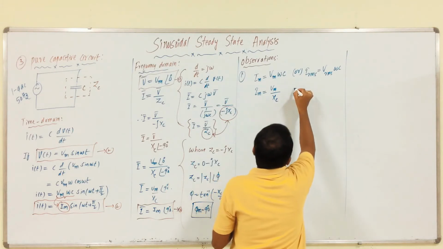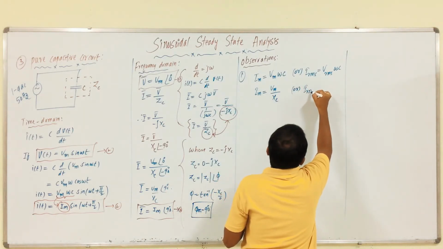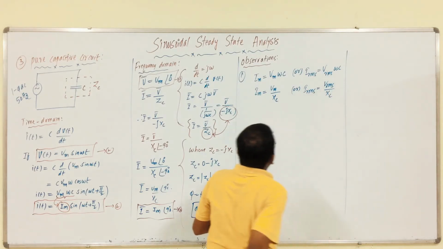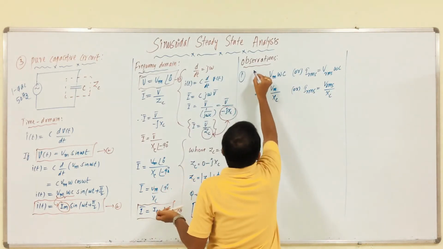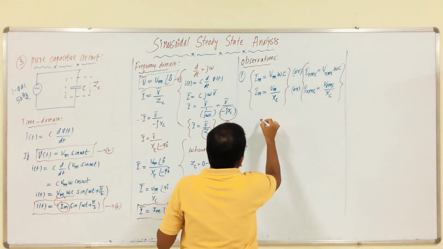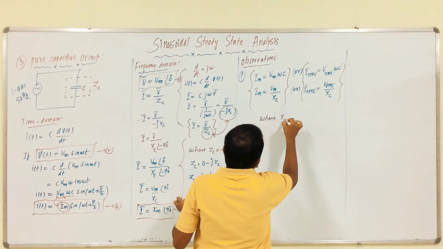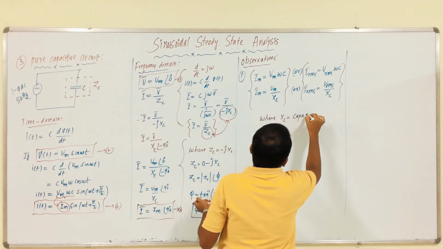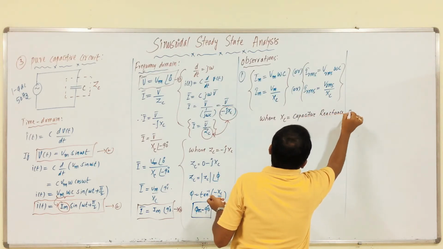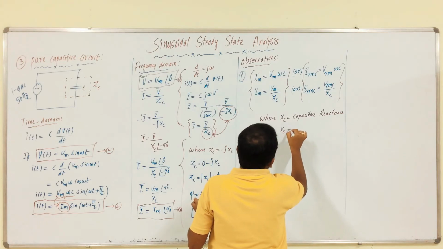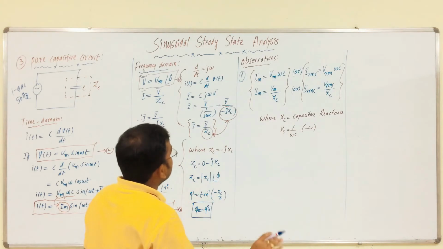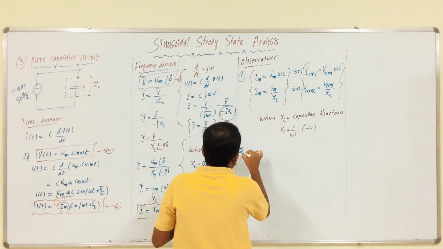Vm by XC, or Irms is nothing but Vrms by XC. This is the formula, where XC is the capacitive reactance. That is XC is nothing but 1 by omega C, units are ohms. This is the first observation.